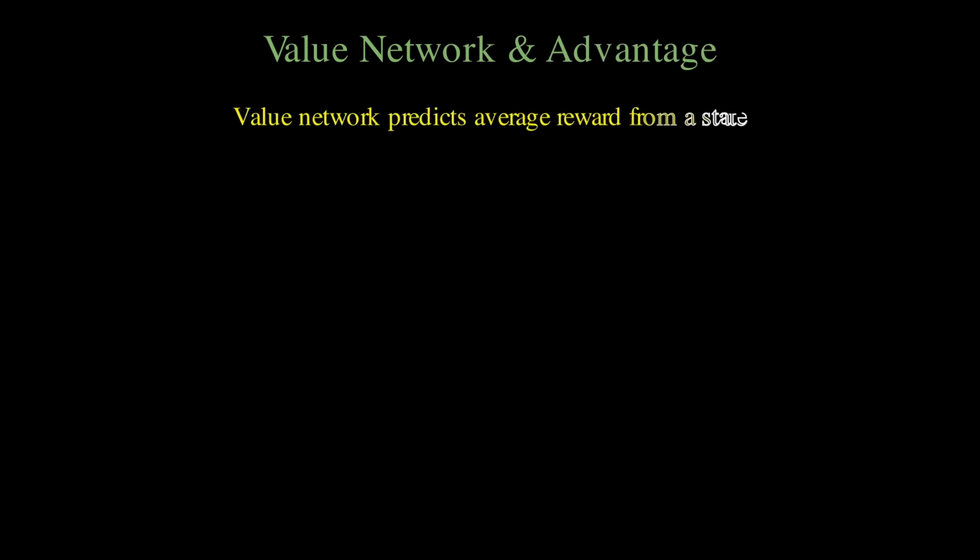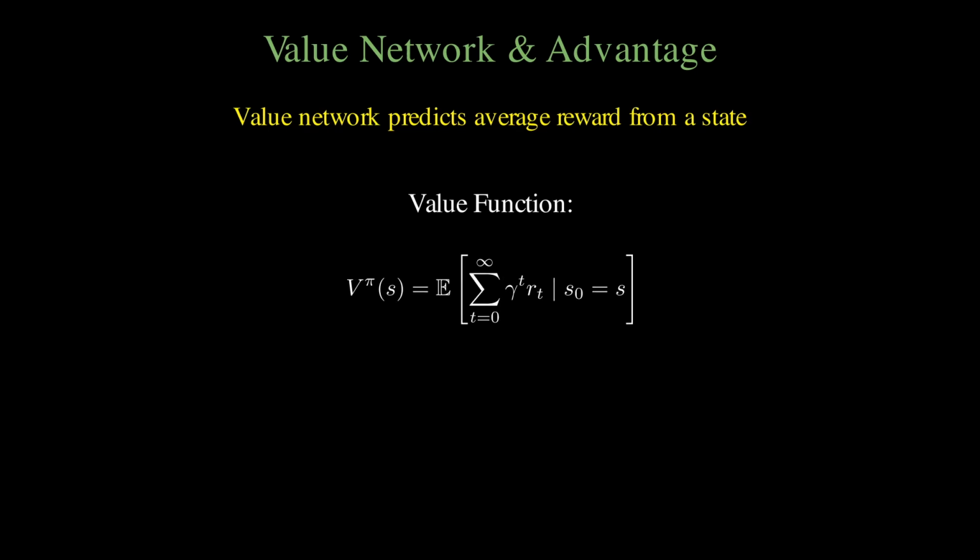Now, one might wonder how to calculate these advantages. That is, how to calculate how much better an action is compared to the average. One way to do this is to have a so-called value network that tries to predict the average reward in a state from the state and onwards, which is then called the value.